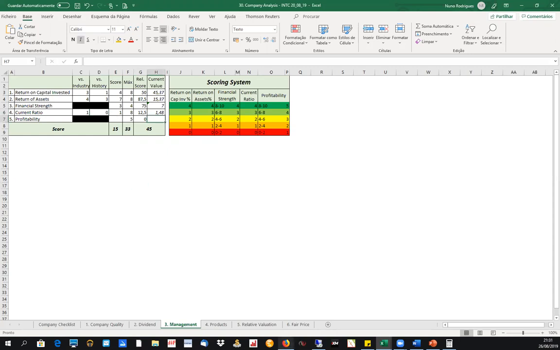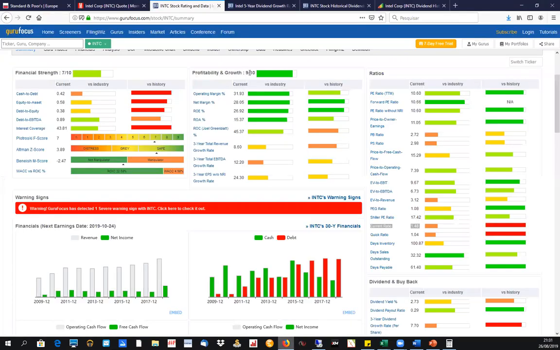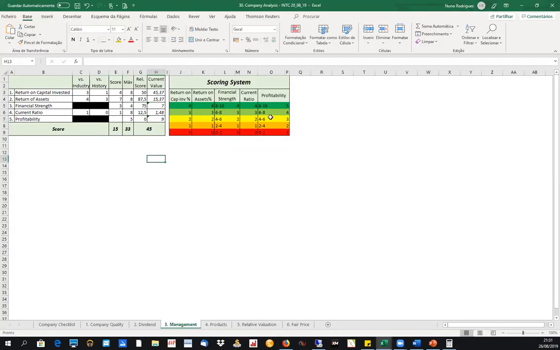Profitability. Do you think Intel is profitable? I think there is no doubt about that. So 9 out of 10, a 9, and the 9 fits in the top range, dark green, so we will score this a 5.